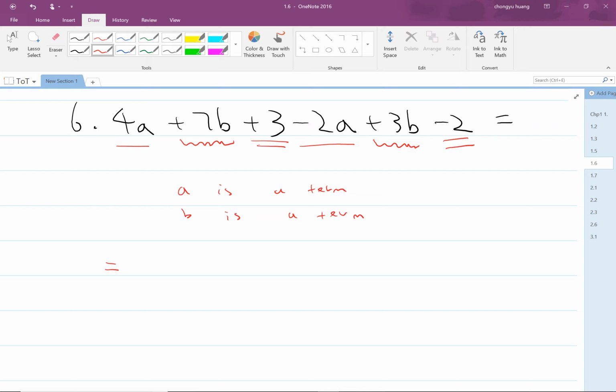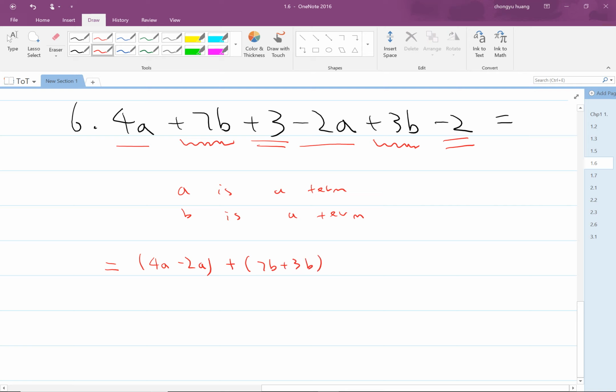Okay, so we have 4a minus 2a, right? So let me show you some steps when you actually do this. You put those two terms in the bracket, so 4a minus 2a, okay, and then you plus, and then you got 7b plus 3b as another term, right?